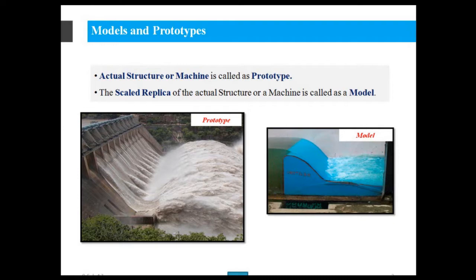In this way, these scaled replicas of the actual structures or machines are termed as models. Construction and testing of models is a very important part in the execution of any project, because without models it is very difficult to predict the performance of the prototype in actual conditions.